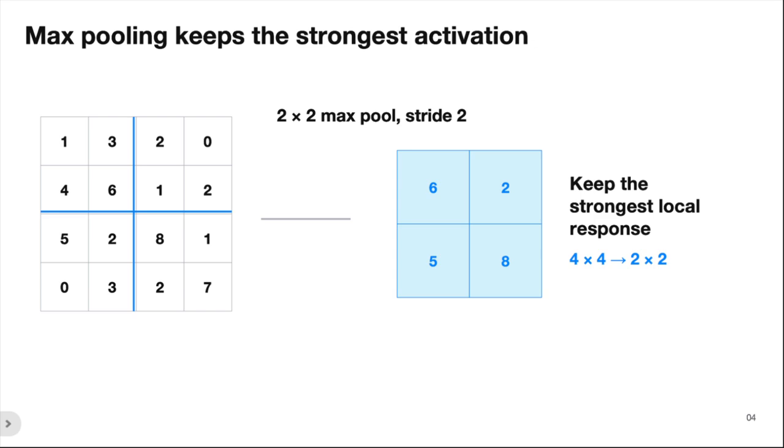The bottom left gives 5, and the bottom right gives 8. The output is therefore a 2 by 2 feature map containing 6, 2, 5, and 8. Max pooling keeps the strongest activation in each local neighborhood.